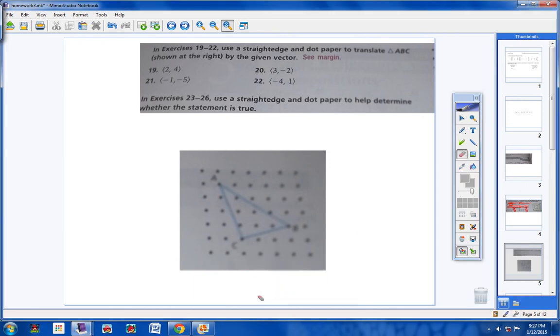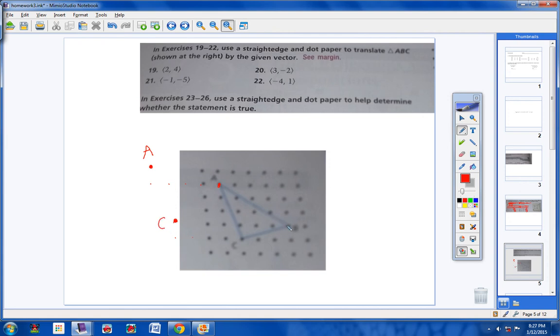Okay, students, moving on to number 22. We're going to take ABC and translate it negative 4, positive 1. So here's A, we'll go negative 4, 1, 2, 3, 4, and then positive 1. So there's A right there. C, negative 4, 1, 2, 3, 4, and then up 1. Alright?